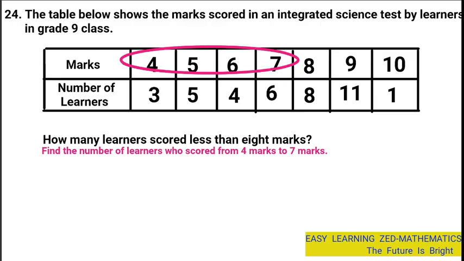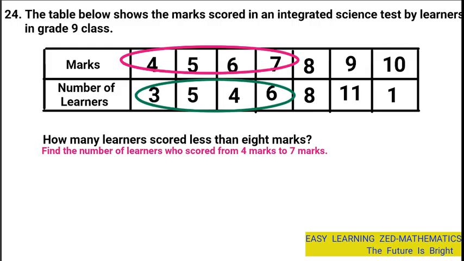That is what I've circled there, the marks that are between 4 and 7. So the number of learners who scored less than 8 marks are those numbers I've circled in green.